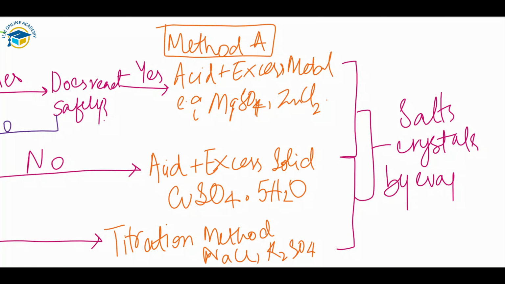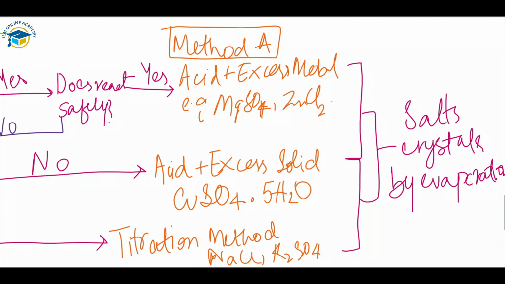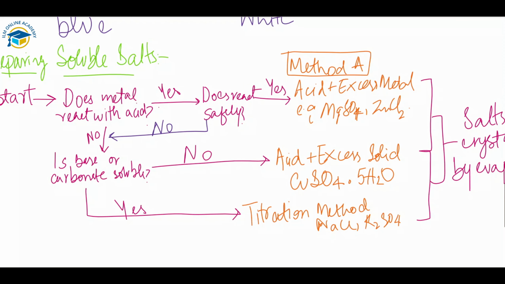We can evaporate the excess water that is present, and then we have the crystals of the salt after drying them. So this is the flow chart, through which you can easily assess and choose a method for the preparation of the salt.